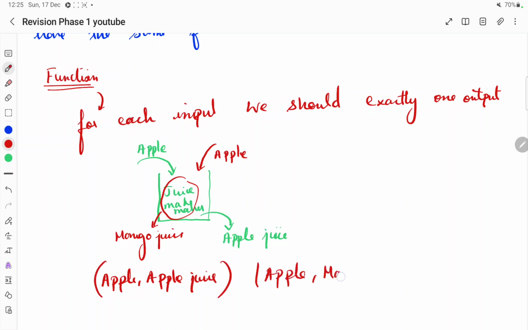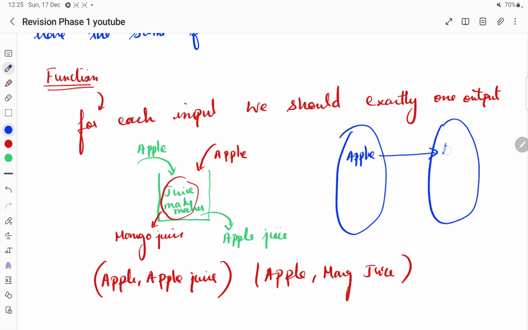If I write this in an arrow diagram, I have apple mapped to apple juice, and again apple mapped to mango juice, which means one input is mapped to two different outputs. So it is not a function.